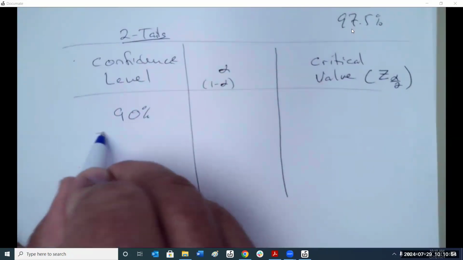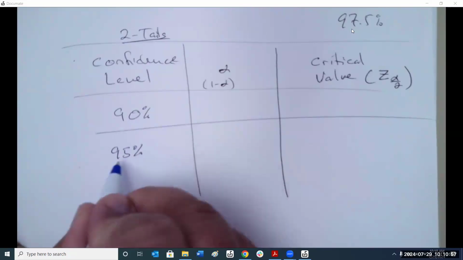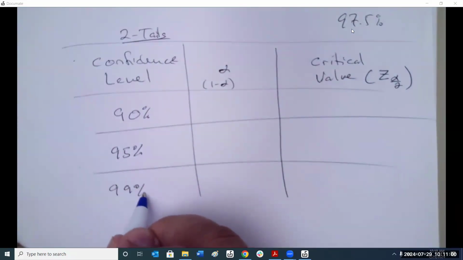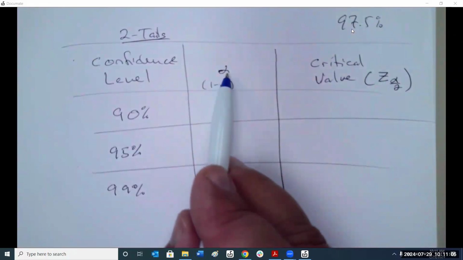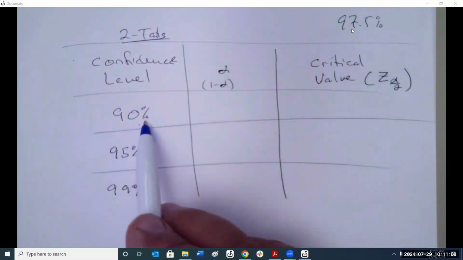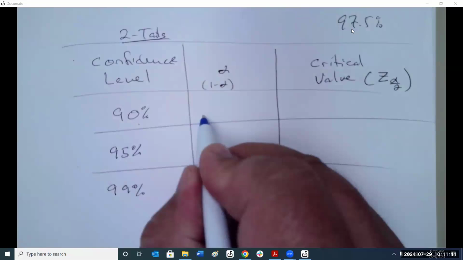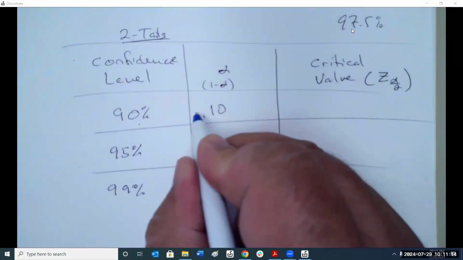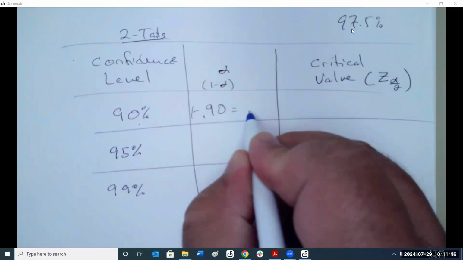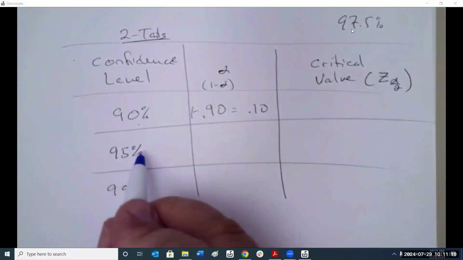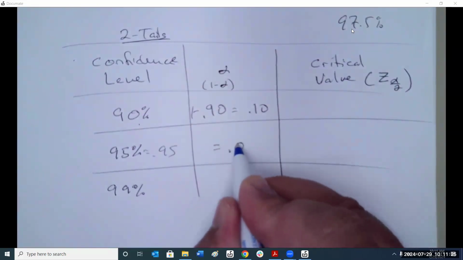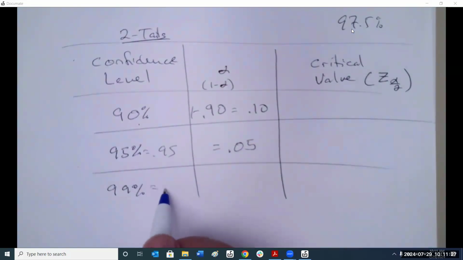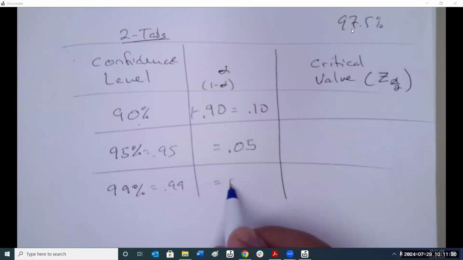So we have 90%, 95%, and 99%. So what's our alpha for 90%? 0.10, because 1 minus 0.9 is 0.10. This is 0.95, so 1 minus 0.95 is 0.05. This is 0.99, and 1 minus 0.99 is 0.01.